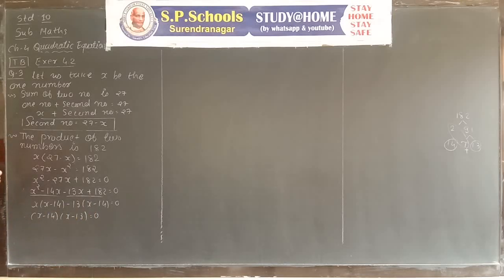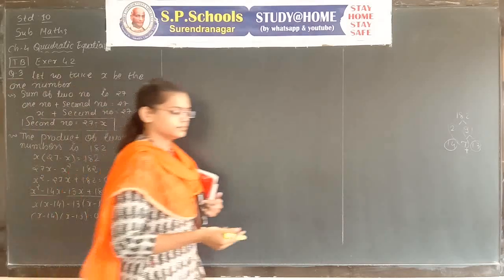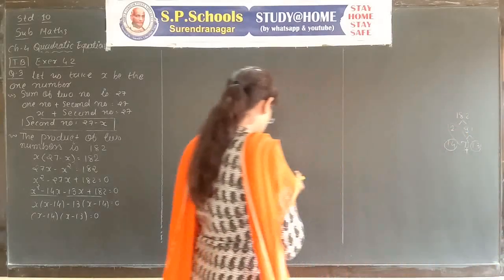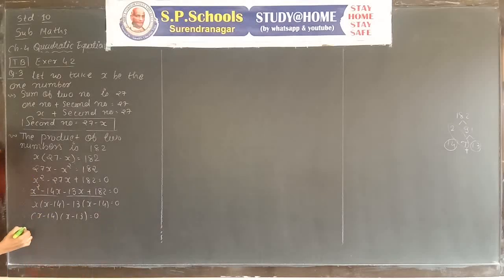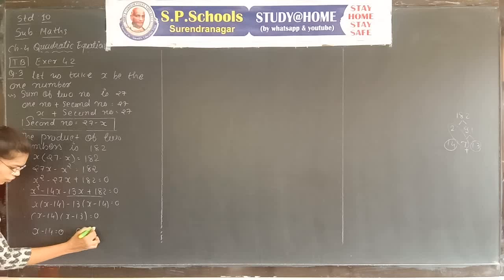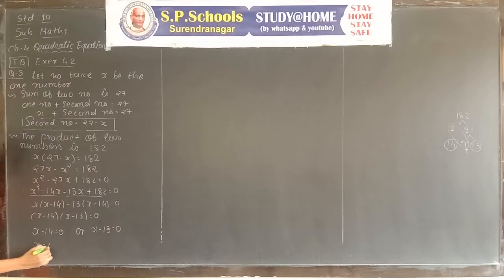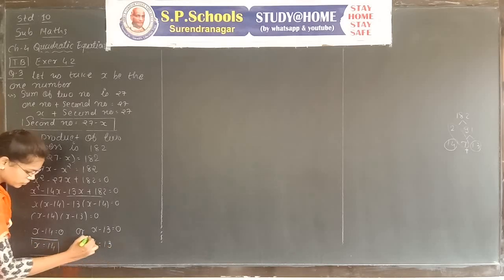On comparing both brackets with 0, we get two different values of x. Therefore, x minus 14 equals 0 or x minus 13 equals 0. Here one time x is 14 and the second time x is 13.